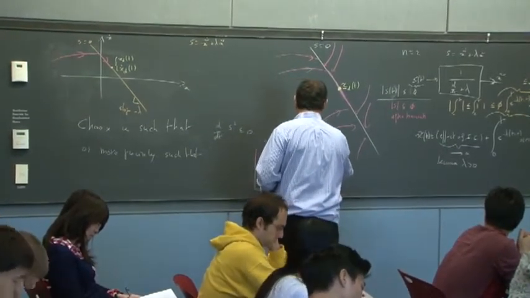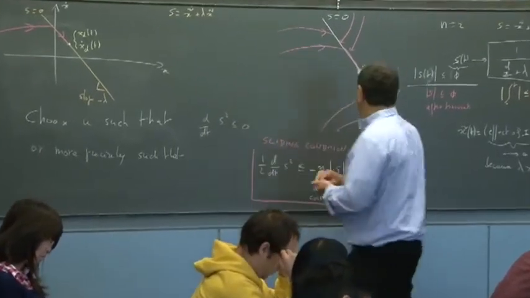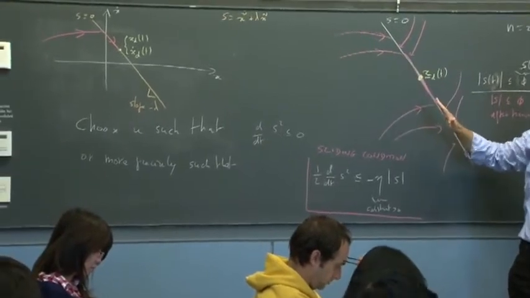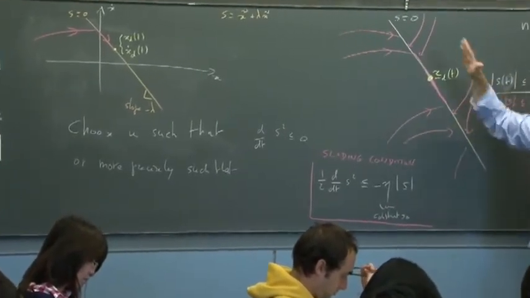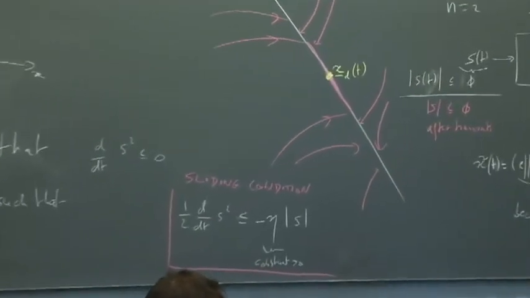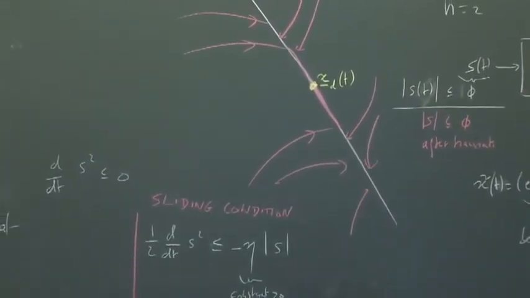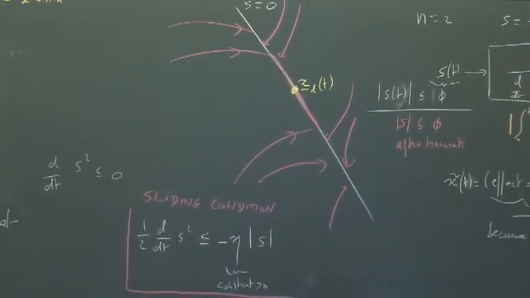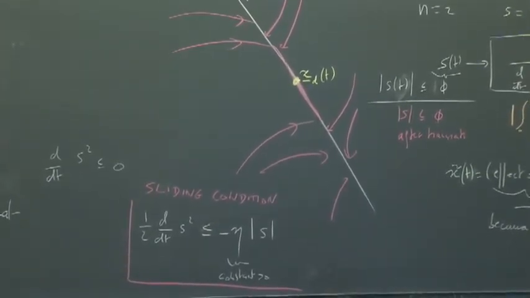And the reason, of course, it's called a sliding condition is that once you reach S equals 0, you slide along the surface with the dynamics given by the equation of the surface itself.